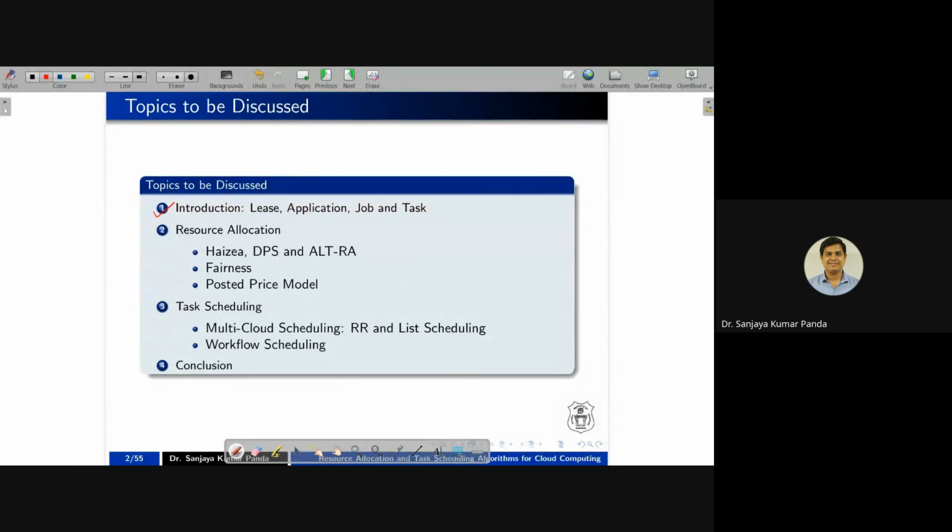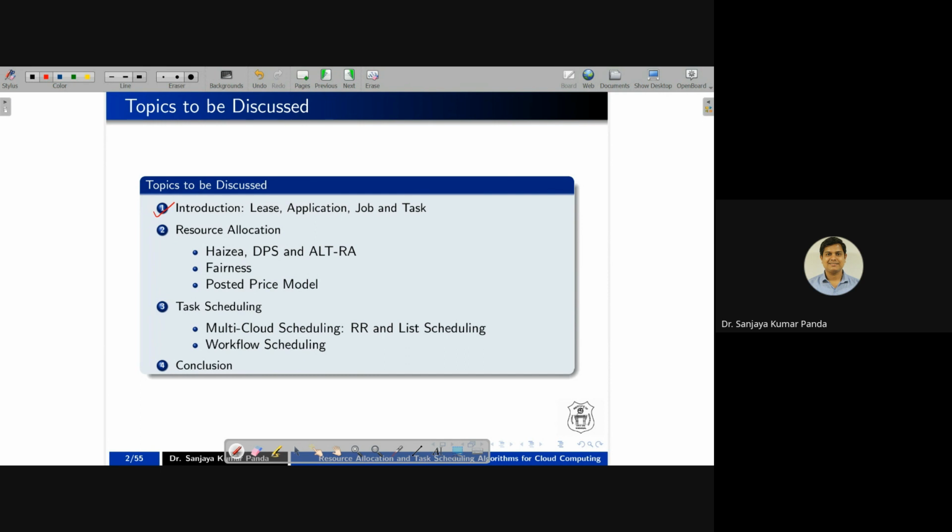And once you understand the concept of resource allocation and task scheduling, we'll see a couple of algorithms under resource allocation and a couple of algorithms in task scheduling. For example, under resource allocation, I'll tell you a very popular algorithm which is implemented in Haizea, an open resource manager. Haizea is an open resource manager that you can download. If you have a Linux system, you can download Haizea and perform resource allocation.